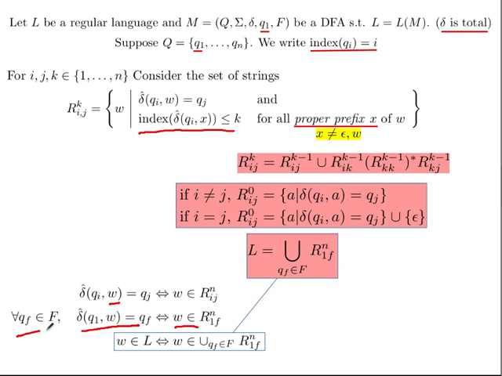So this is a subset of Q. You will have some indices corresponding to this F. So you take all such indices for the final set, you take all these sets, and you take the union of that, okay? So you take all such states in your final state set, and for all these f's you take a big union. So then that means your w is in L if and only if this is true.